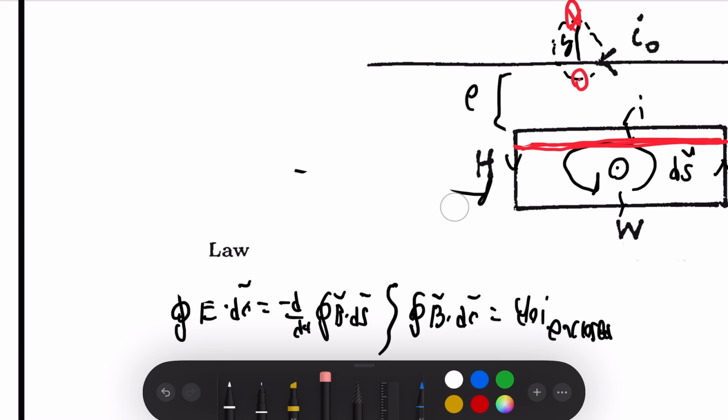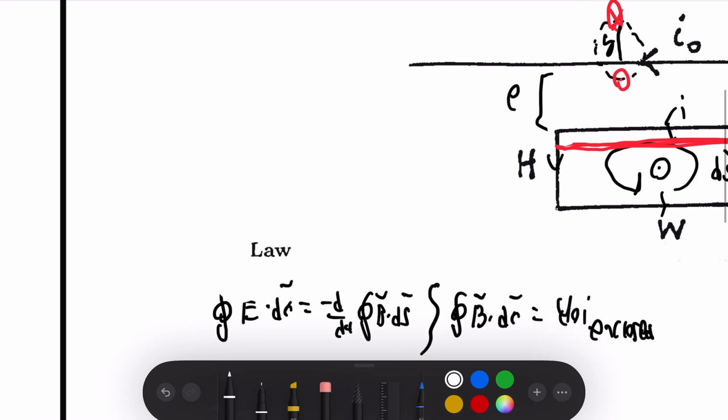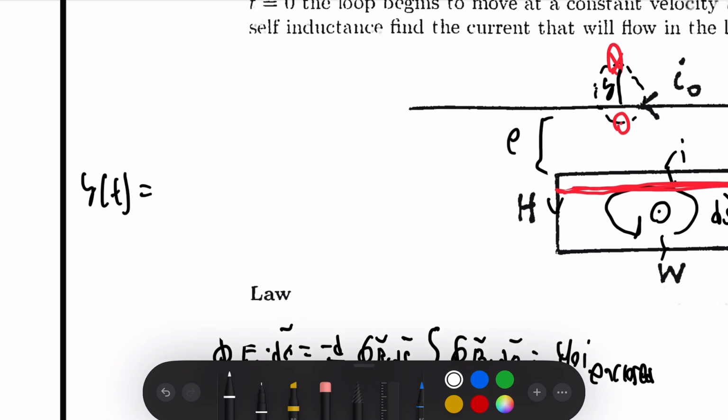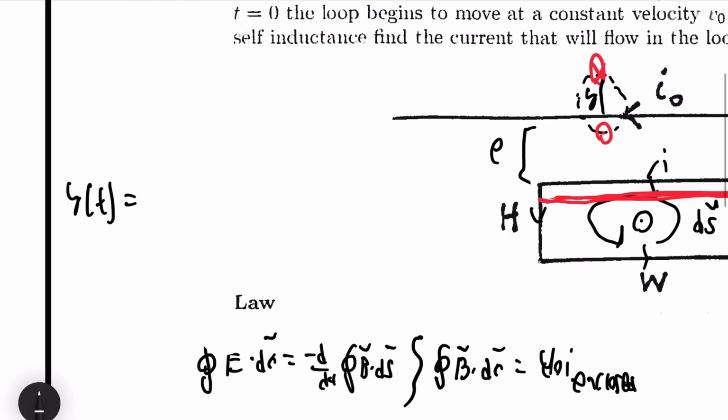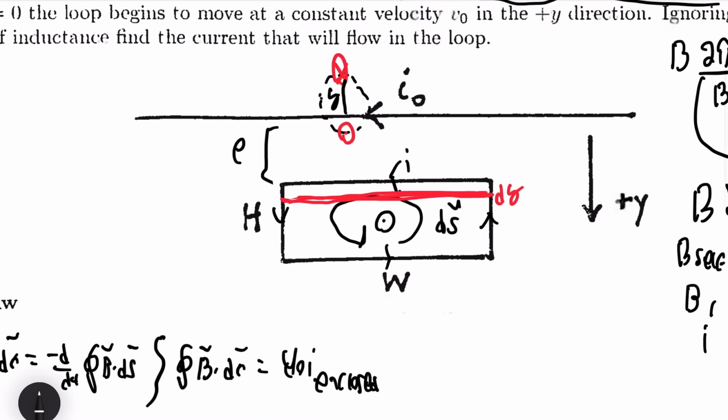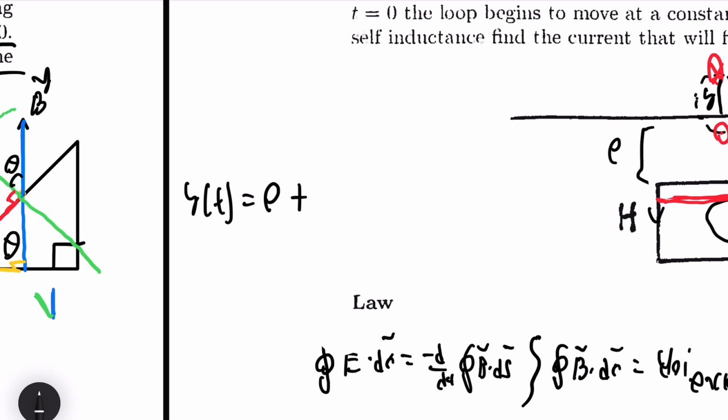However, p does play a role, because we need to create a function of y in this case. So y is a function of time. We're just going to be using a bit of kinematics. So at time equal to 0, I have my height p. I'm a distance p away. And then I need to account for how much y is changing. I know that x or y is the integral of velocity dt.